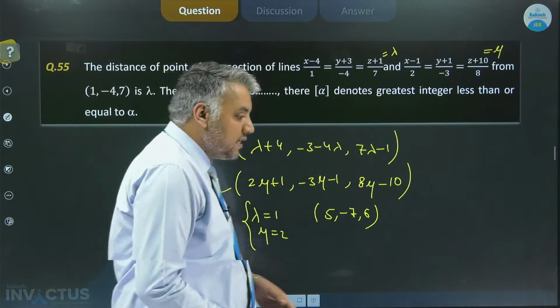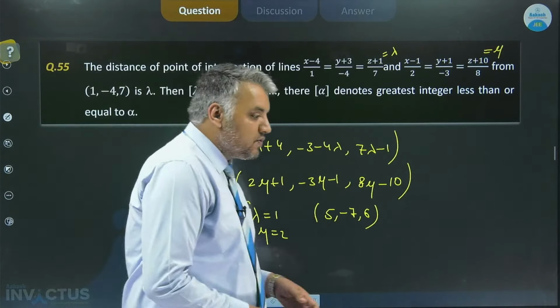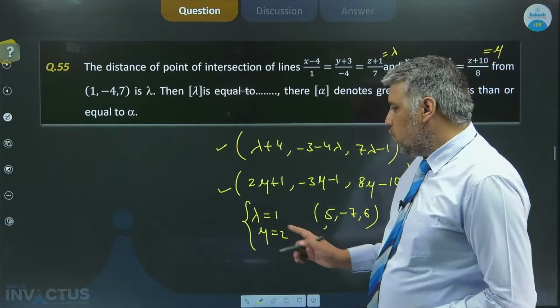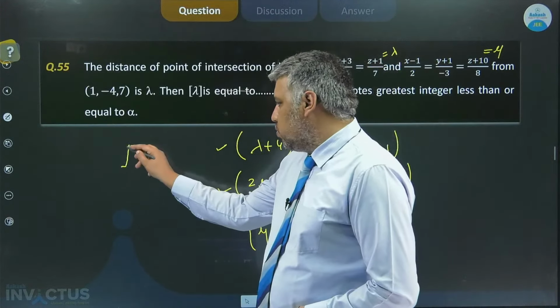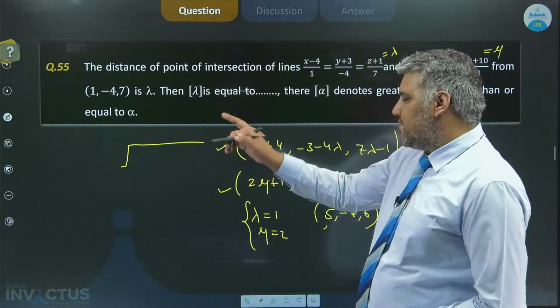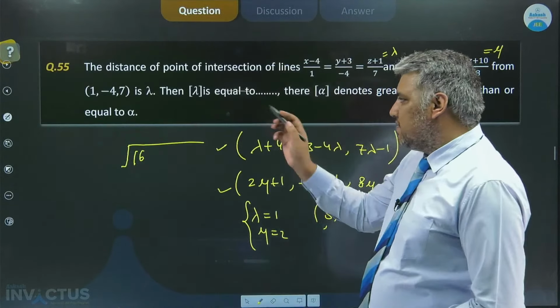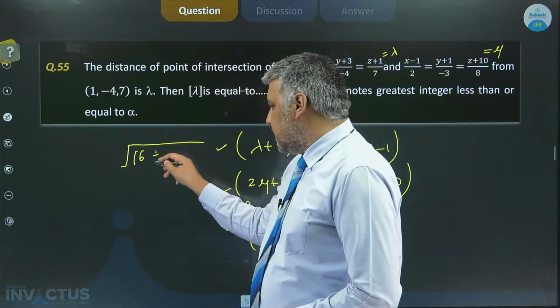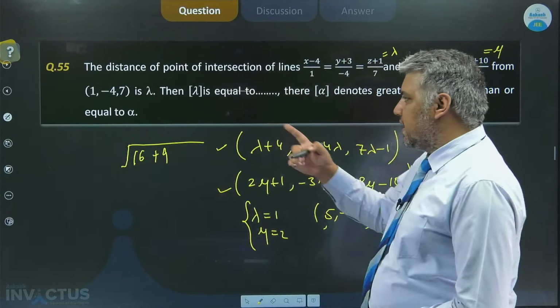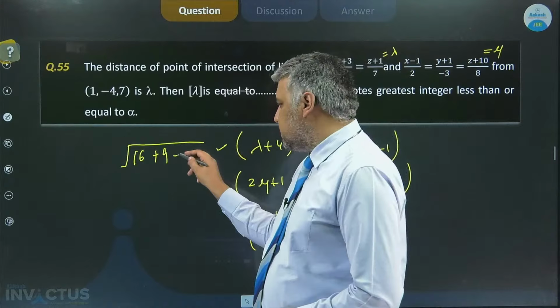We have to find its distance from 1, -4, 7. So by directly applying this distance formula, you can say the distance will be under root of 5 - 1 whole square, that means 16, -7 - 4, so that means 3 square plus 9, and then 6 - 7 minus 1 square, that means 1.